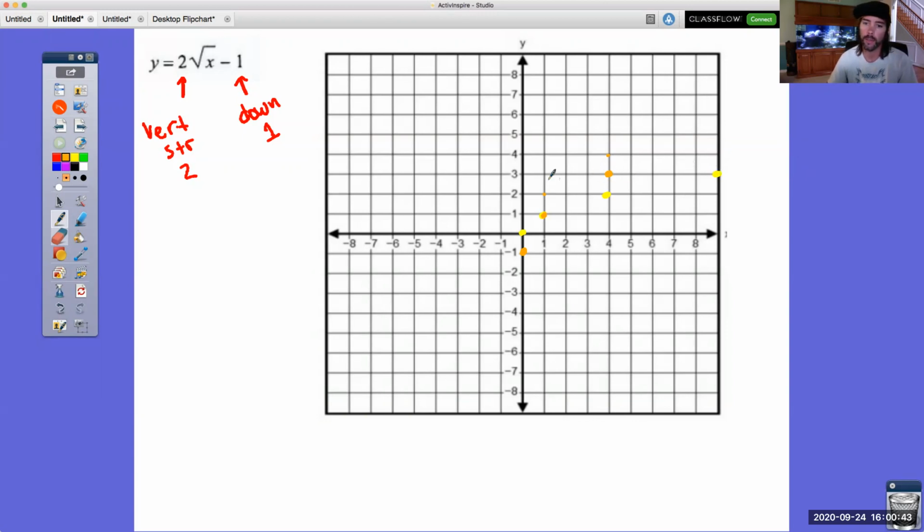The height is 3. It's 3 units above the x. Stretch it up twice as high. 2 times 3 lands at 6. But now move it down 1, down 1. So I stretched it 3 additional units to go twice as high, but then slid it down. Connect your points. I'm doing the orange, dark, bigger dots there.